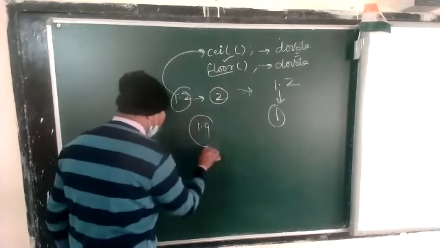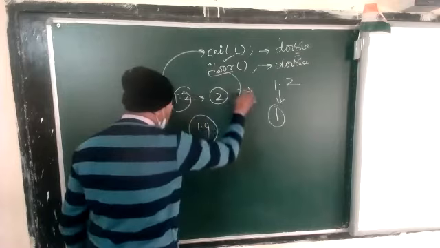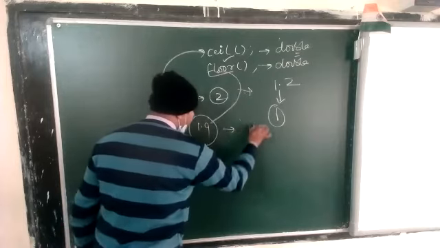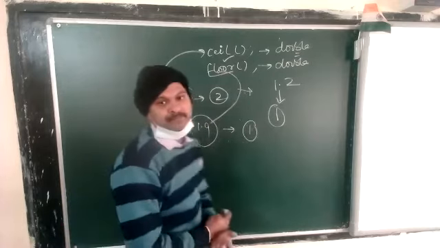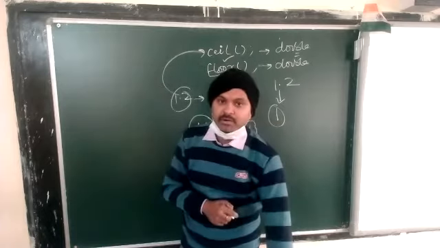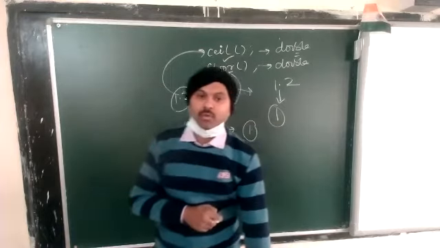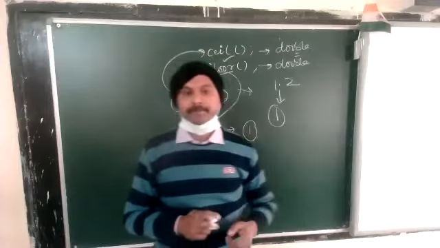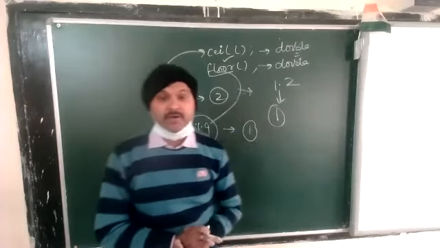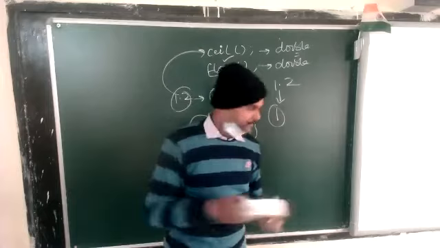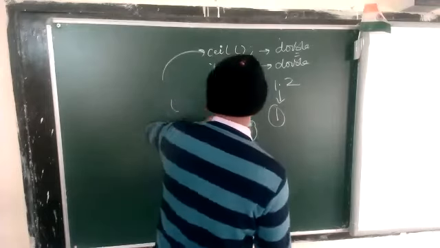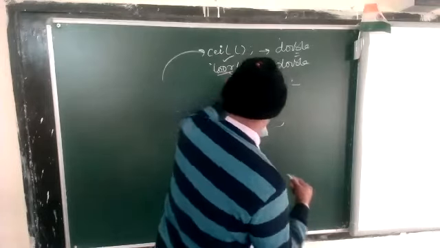Suppose it is given 1.9 and I am using floor, then it will become 1. Floor means it comes directly to the floor, and ceil means up. So this is how it is working. Understood?